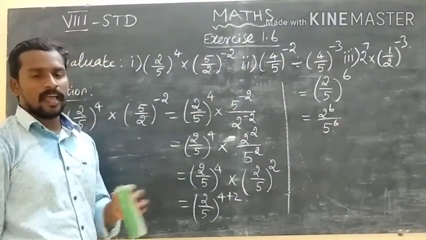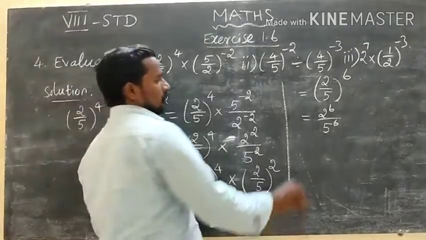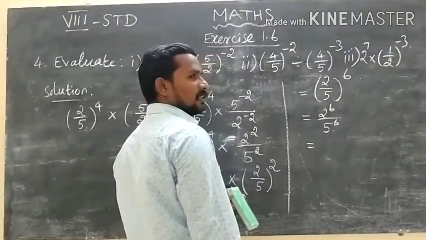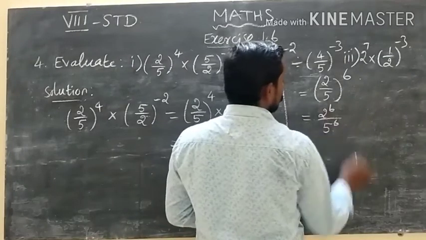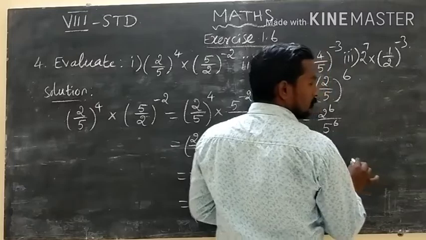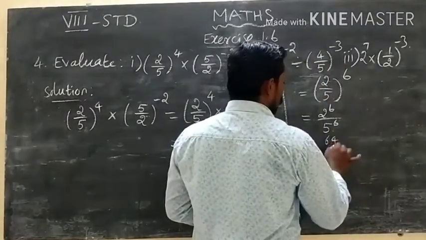Otherwise, you can find out the answer. 2^6 means 2 multiplied 6 times: 2, 4, 8, 16, 32, 64. So 2^6 is 64.